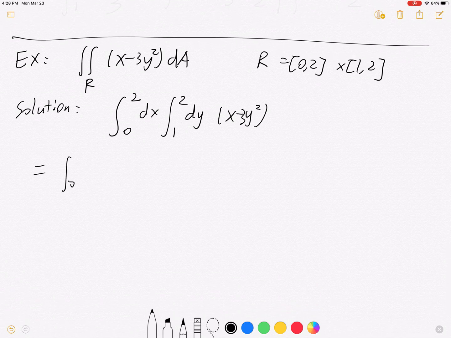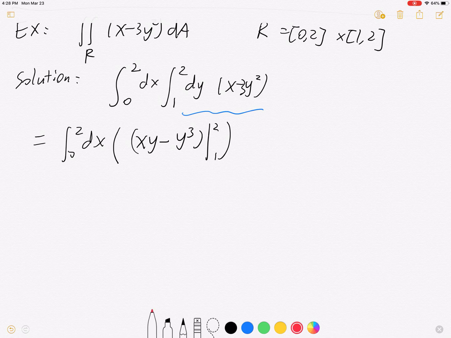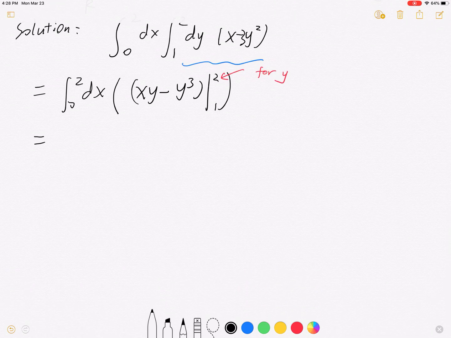So I just follow the natural order. We first do this one, and then you have xy minus y cubed, evaluated at 2, 1. You be careful, this is for y. The boundary points are for y, and then you have 0 to 2, dx, 2y minus y cubed.